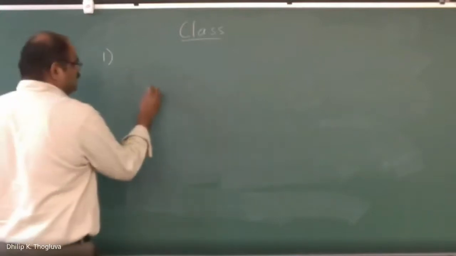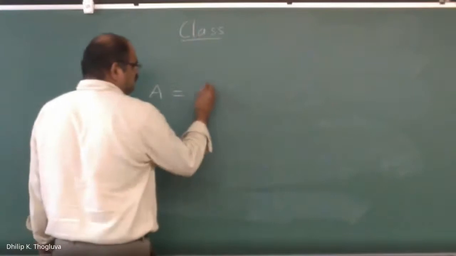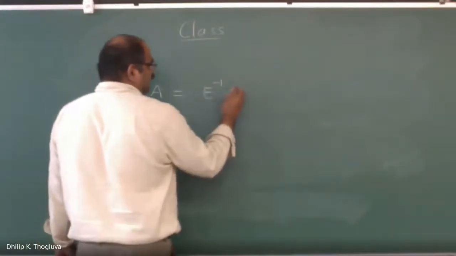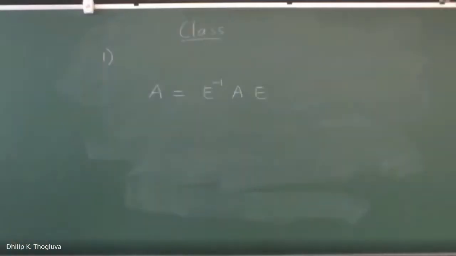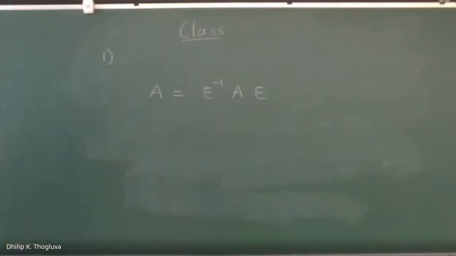So say A, you can write E inverse A E. So the first rule is every element is conjugate of itself, because we have E in every group.